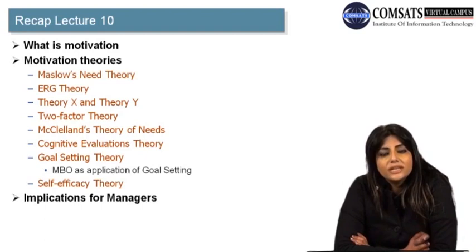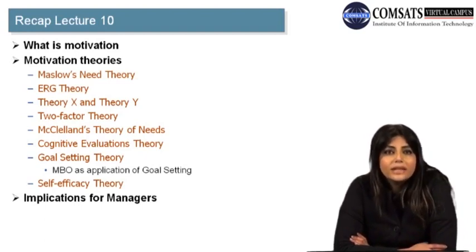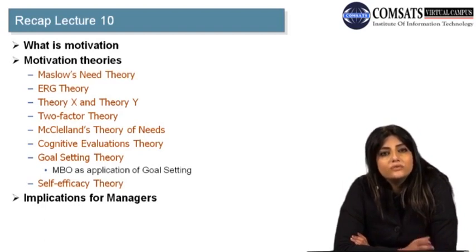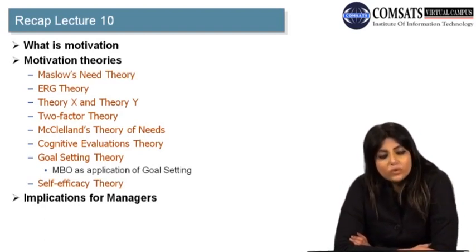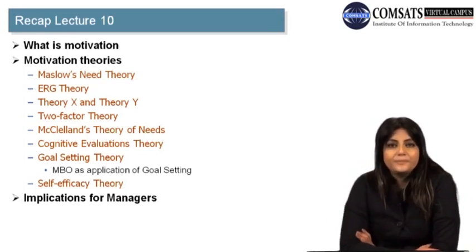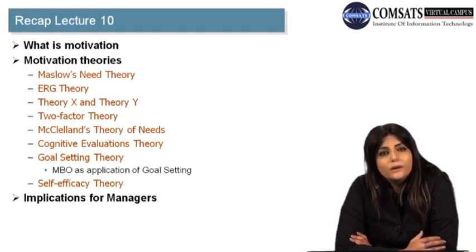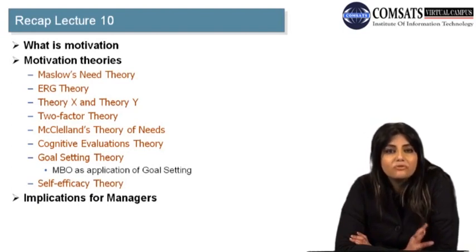Then R is relatedness, where the need for esteem is met, and then growth needs, where the need for self-actualization, which was given by Maslow, is met. The only difference between ERG theory and Maslow's need theory is that ERG does not divide these 3 types of needs into strict hierarchies.